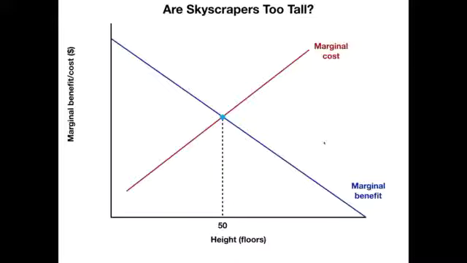Realize that the marginal cost is increasing because as buildings get taller, they have to be reinforced properly. The foundation might have to be dug deeper and reinforced at a much higher level to make sure the building is stable, maybe making sure that it doesn't sink. And the optimal height of the building is going to be where the marginal cost and the marginal benefit are equal to one another.